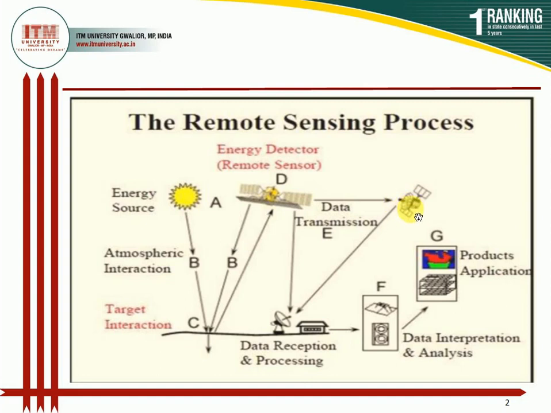That remote station translates the signal into information which is easily understood by the scientist or any person who is considered a data analyst. Later on, that data is interpreted and further processed for practical implications.